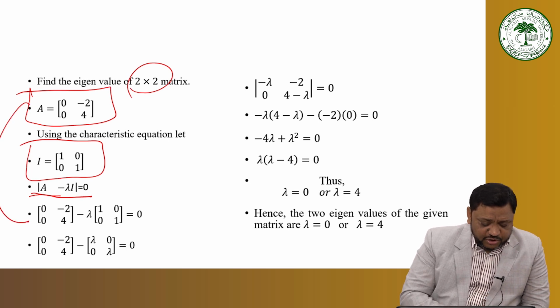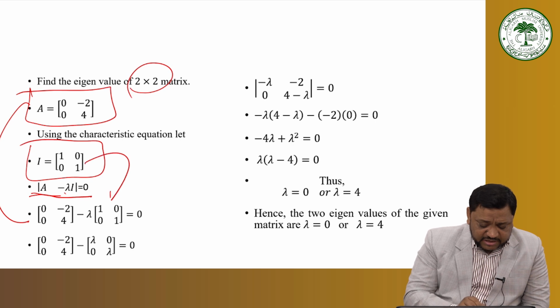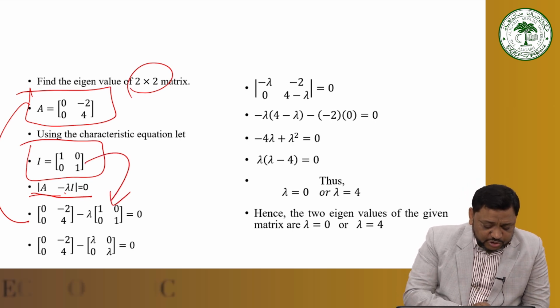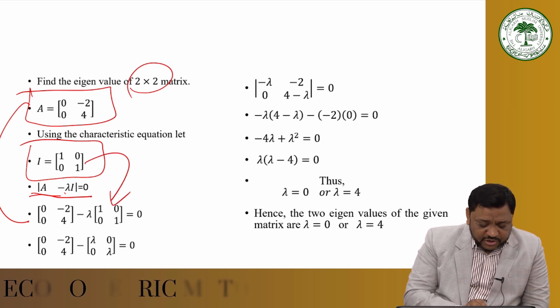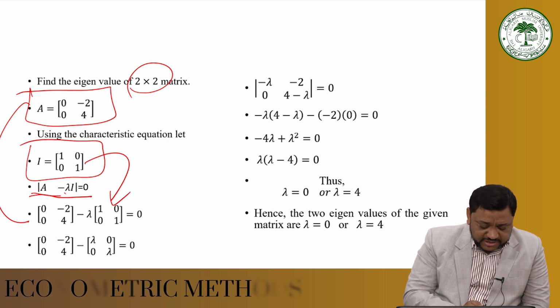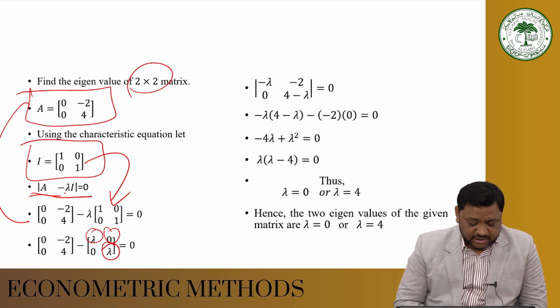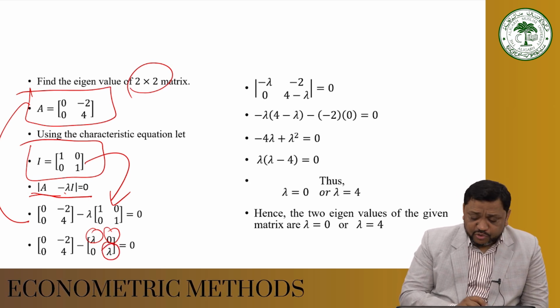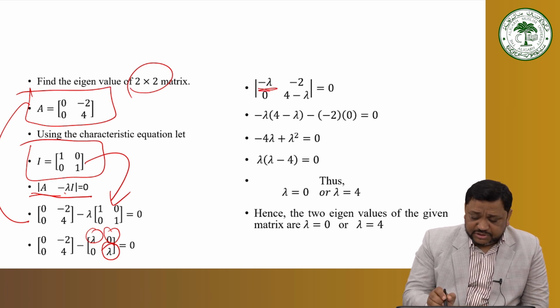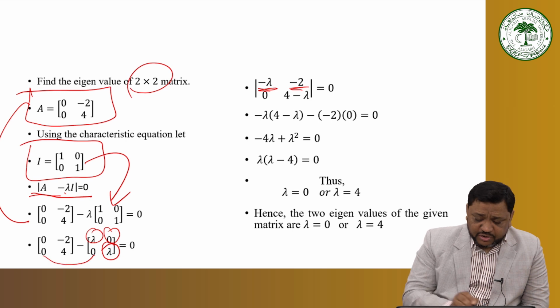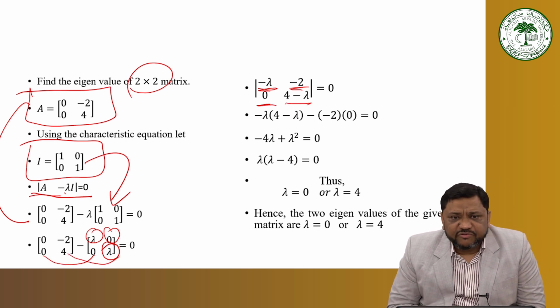So we take 0, minus 2, 0, 4 minus lambda times the identity matrix, equal to 0. In place of 1 we write lambda, 0 is 0, and 1 is again lambda. Now we subtract: 0 minus lambda gives minus lambda, minus 2 minus 0 gives minus 2, 0 minus 0 gives 0, 4 minus lambda gives 4 minus lambda, equal to 0.